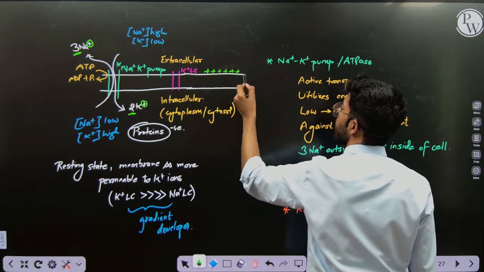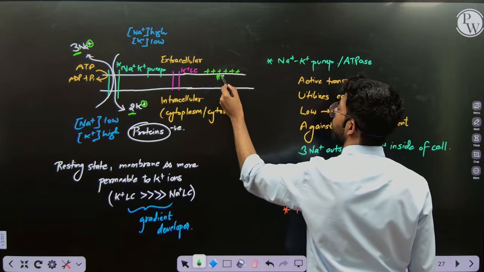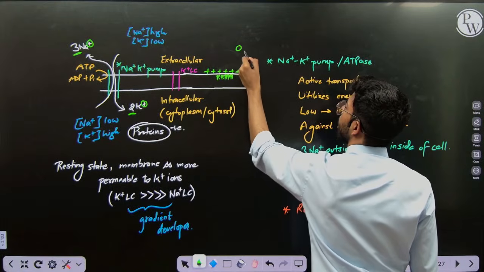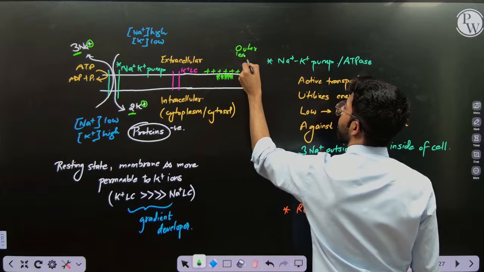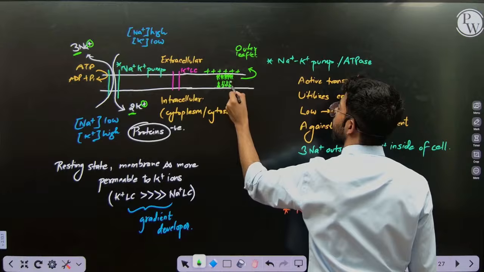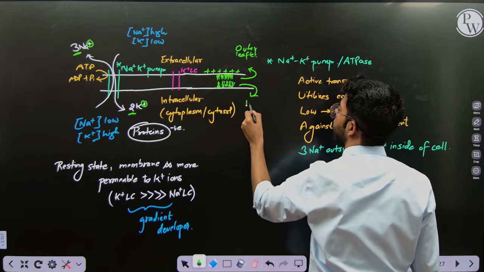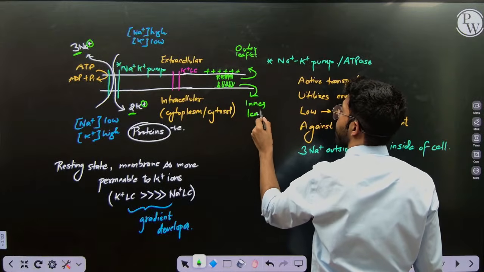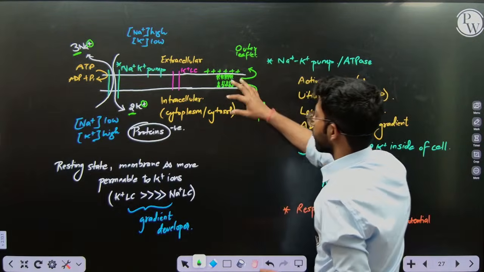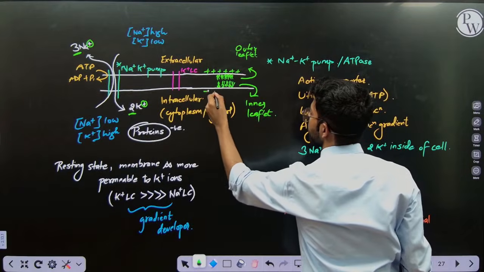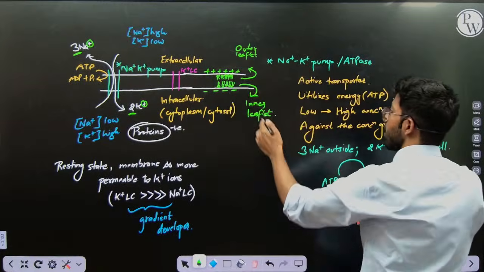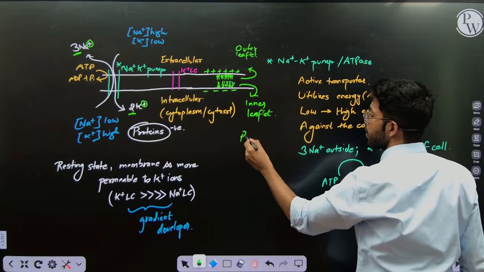So the outer leaflet, this one is the outer leaflet, and this one is the inner leaflet of the phospholipid bilayer. This outer leaflet is always positive in the resting phase, and the inner leaflet is always negative in the resting state. This is the resting state.